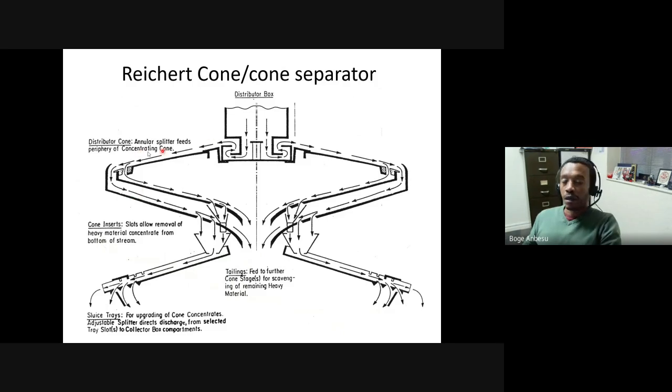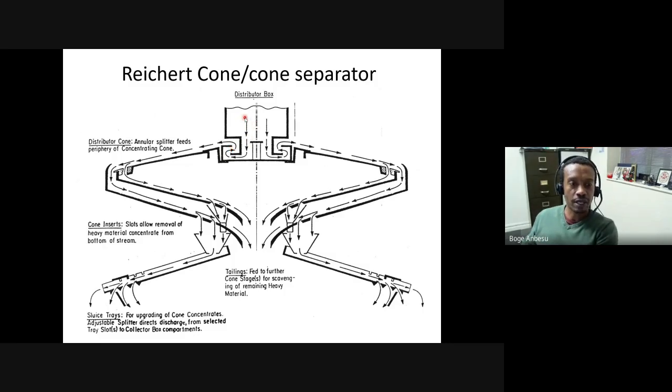Okay, another example of inclined surface or film concentration is the Reichert cone, or cone separator.